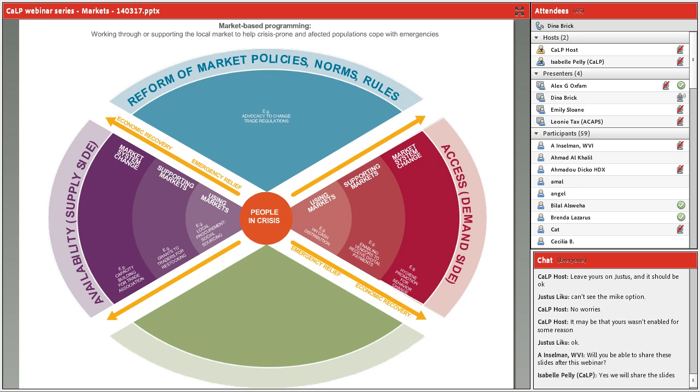And then in addition to the supply and the demand pieces, again, to mimic the EMMA framework, the EMMA map, on the top we're looking at what the market environment is, and some activities that we might do to influence the market environment. This could be towards policies, norms, rules, advocacy.